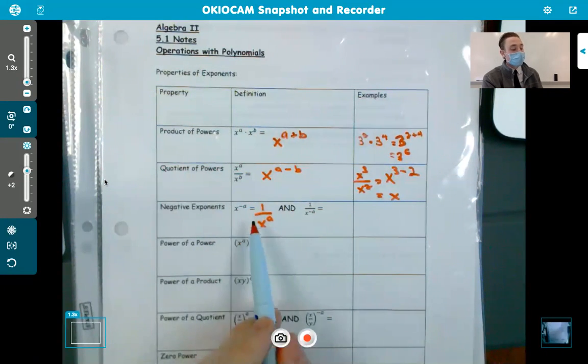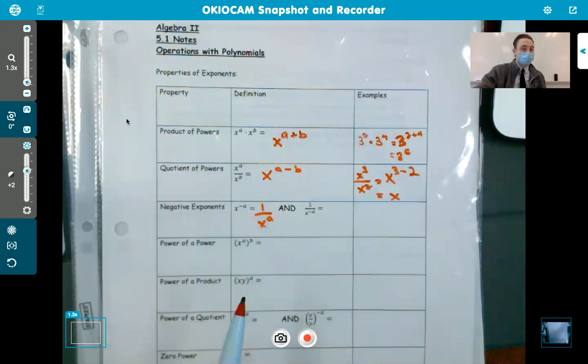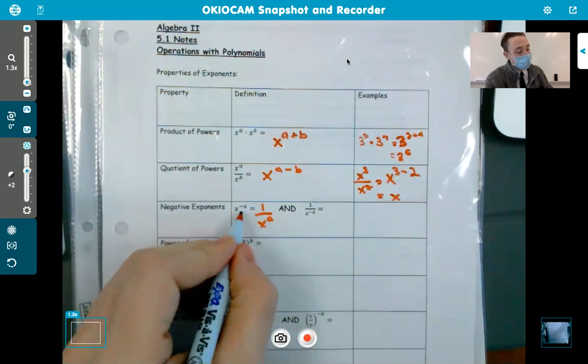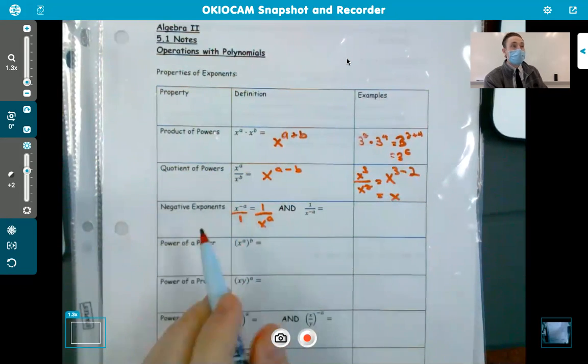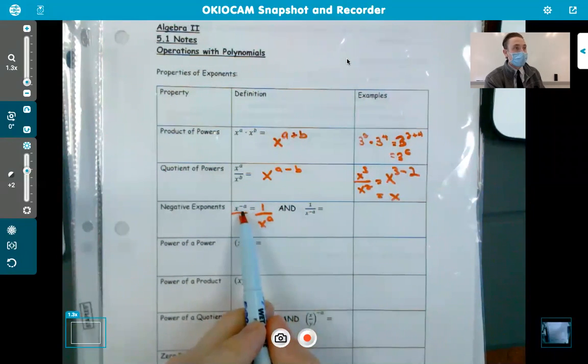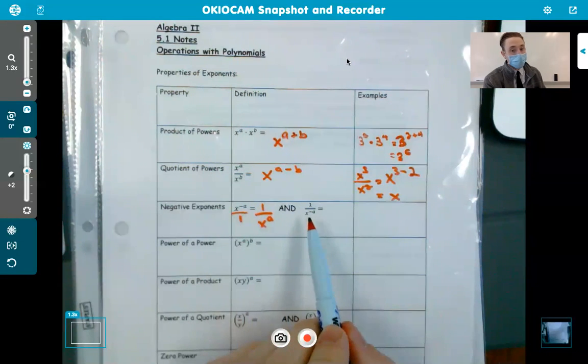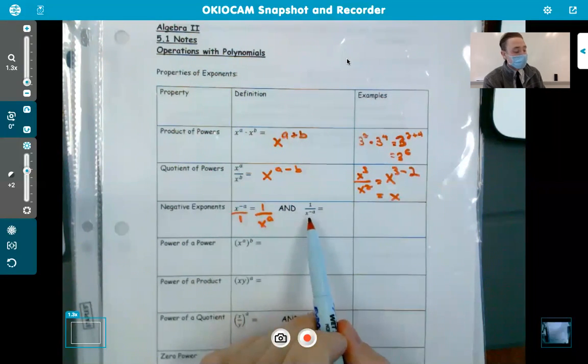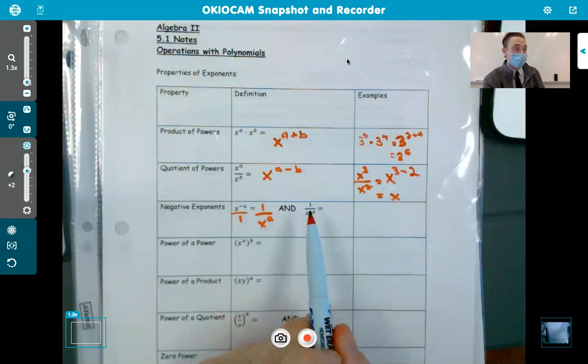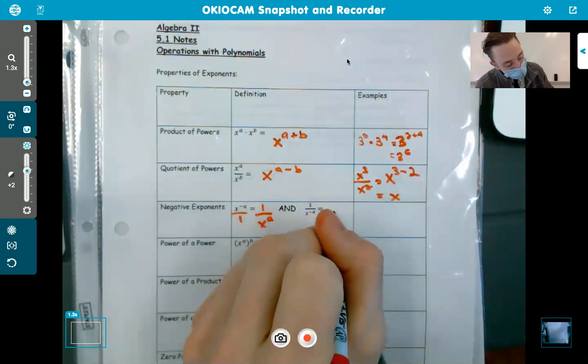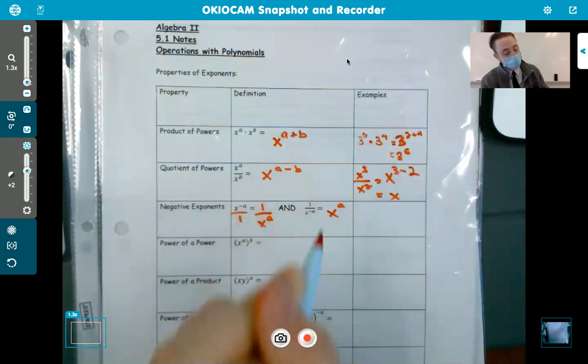All you're going to do is take that and flip it. Think of this as x to the negative a over 1. You flip the fraction and you change that negative number into a positive number in the denominator. Same thing over here. Instead of 1 over x to a negative number, you can think of this as x to the positive a.